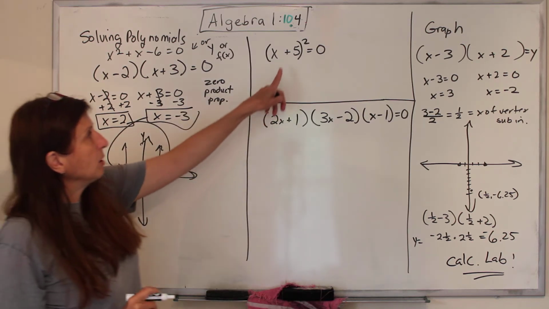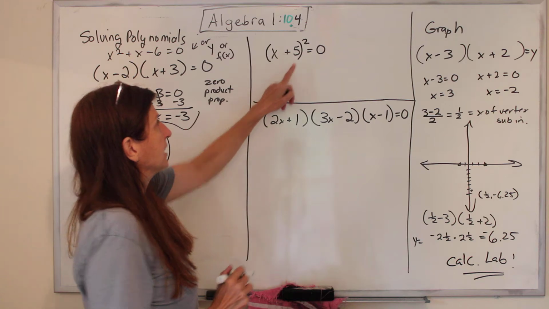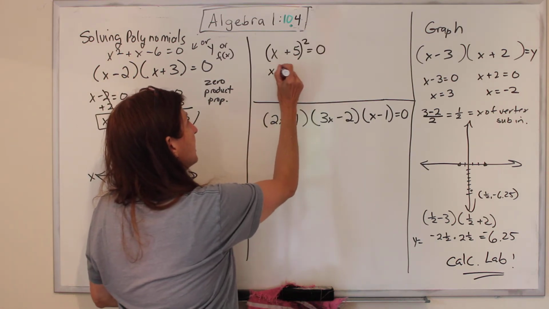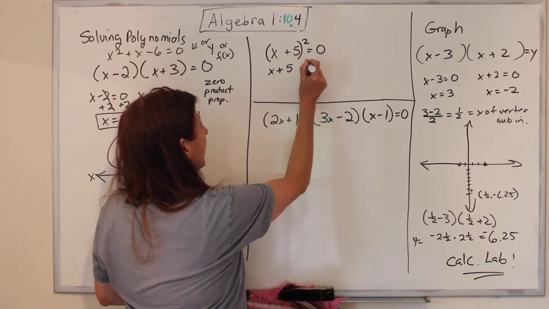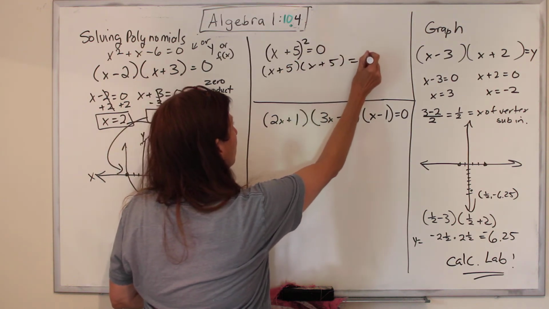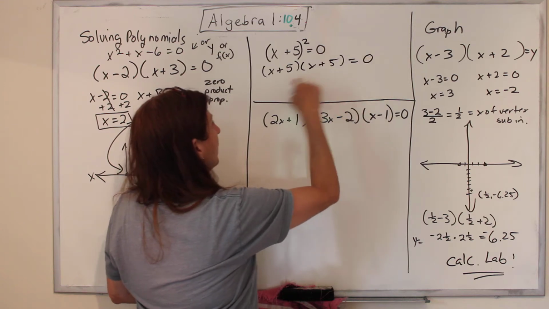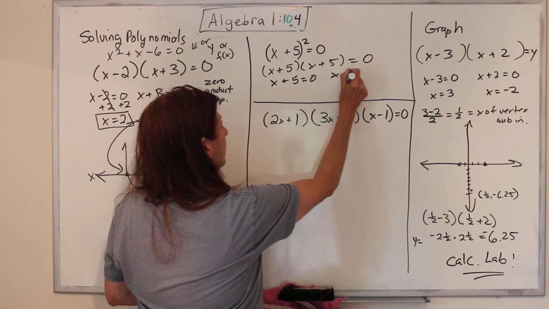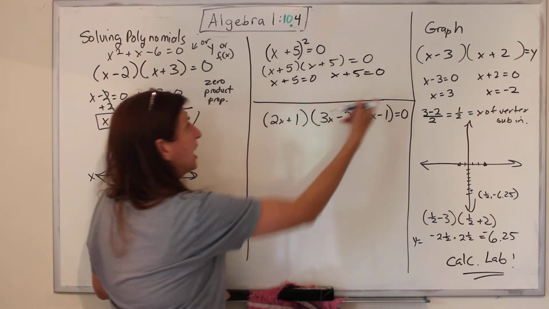Okay? So what about this one, where it's x plus 5 squared equals 0? Well, we said last time that's x plus 5 times x plus 5 equals 0. If we set them both equal to 0, they're the same thing.